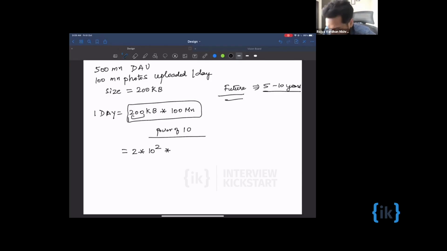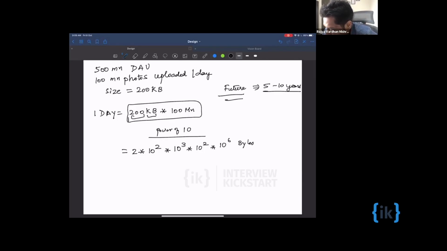And then the KB, we know that it is 1000 bytes, right? So that is 10 to the power 3. Then again we have 100, which is 10 to the power 2, and million. If that power table is sitting in your mind very clearly, then you know that million is 10 to the power 6.